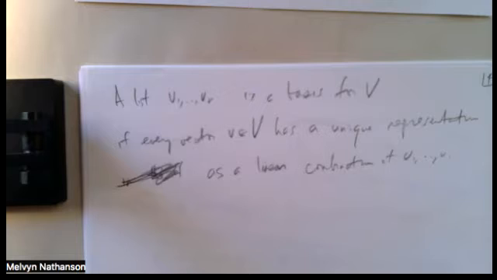So this is equivalent to saying the vectors v1 up to vn are linearly independent and span the vector space.